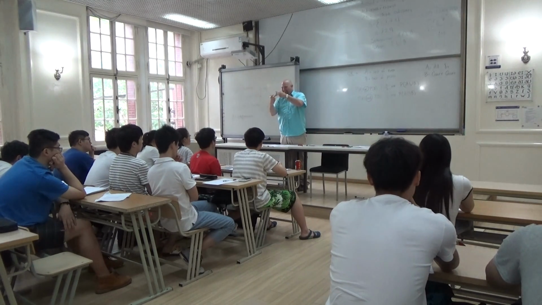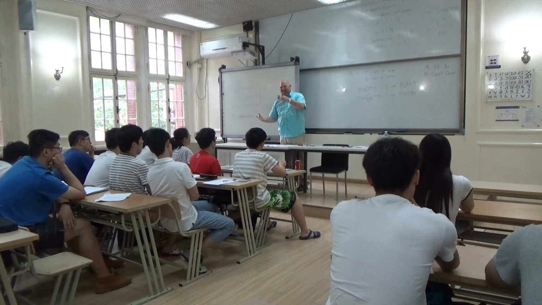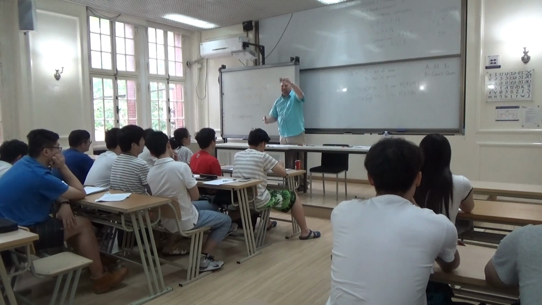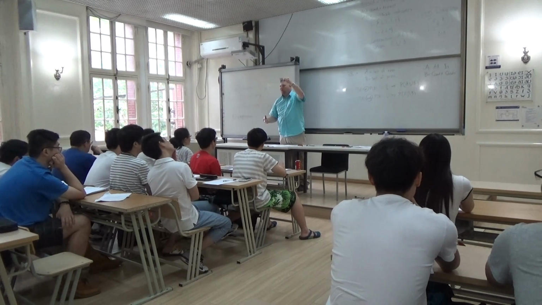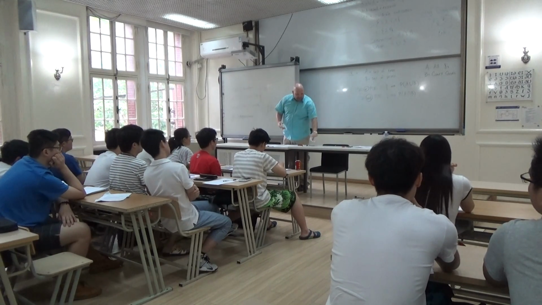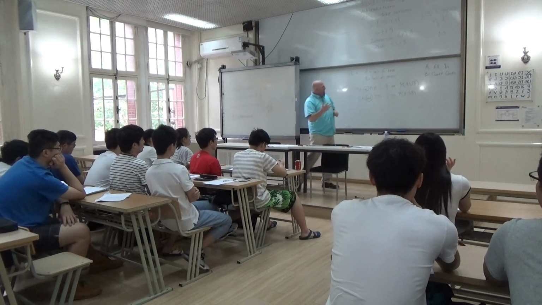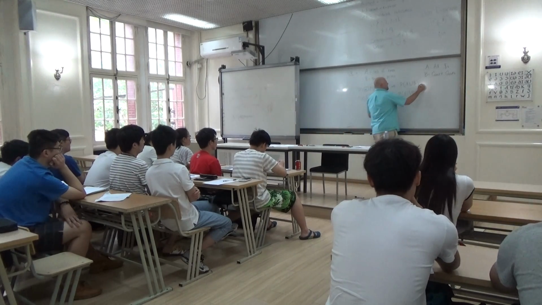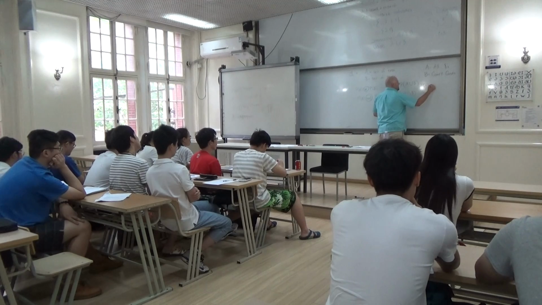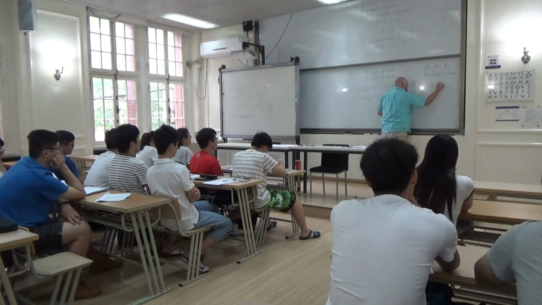This is the king, the queen, and the jack. How many court cards are there? 12.